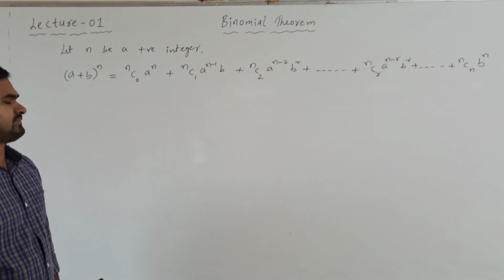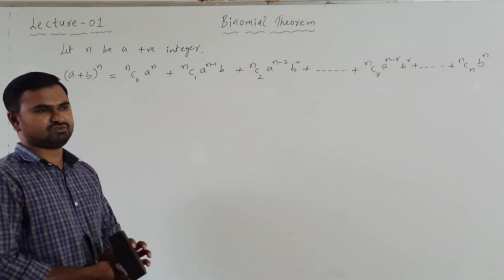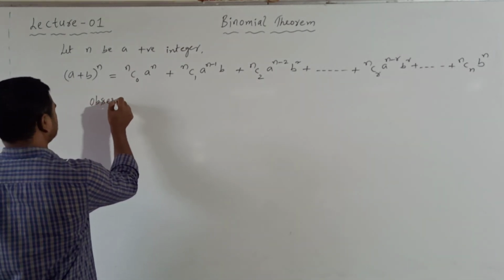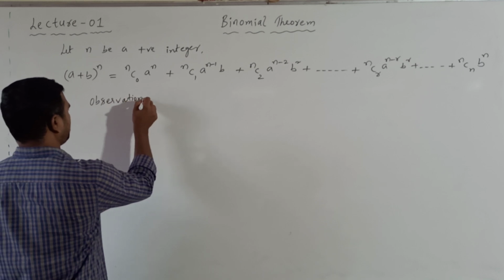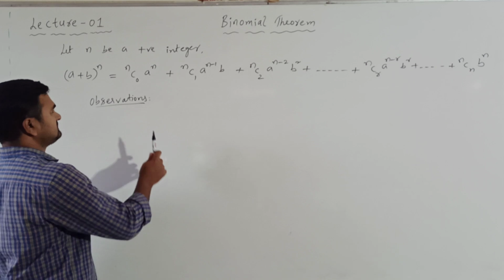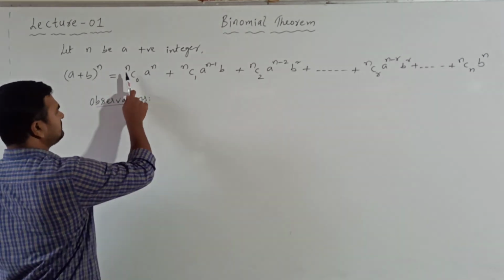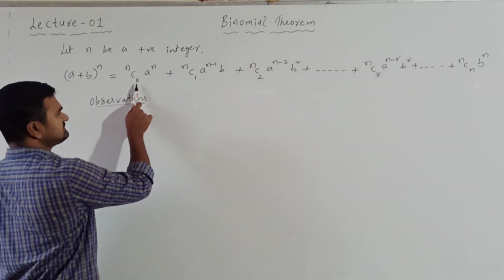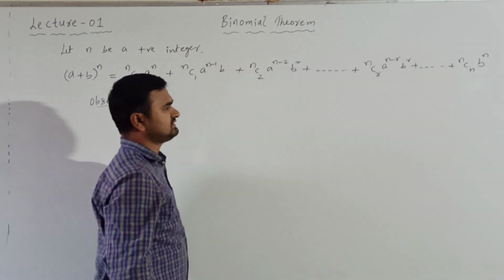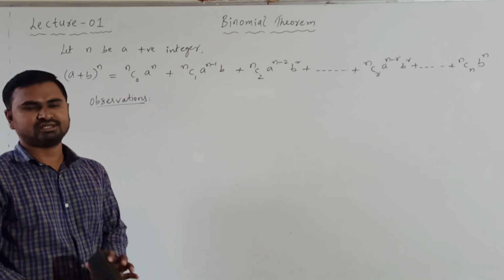Now in this expansion, there are some observations which we can make. One observation is, in this expanded form, we have the coefficients nc0, nc1, nc2 up to ncr and then up to ncn.